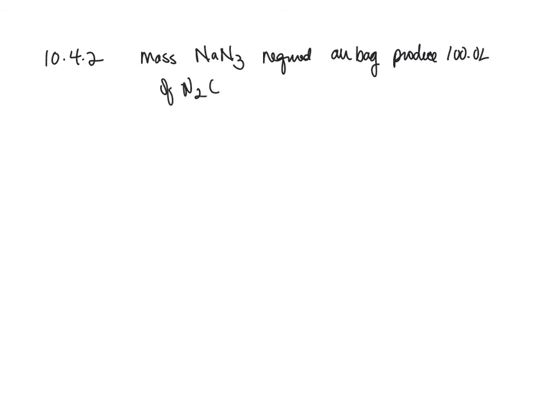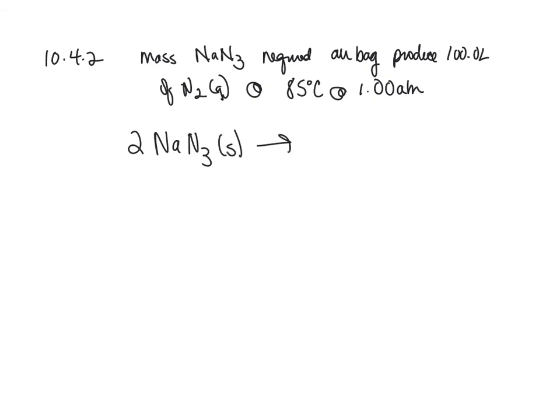That's what actually happens at 85 degrees Celsius and 1.0 atmosphere, according to the equation. So sodium azide, 2 moles, is going to react to make 2 moles of sodium solid plus 3 moles of nitrogen gas.